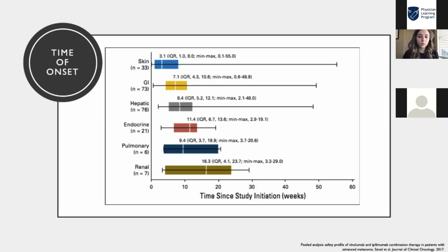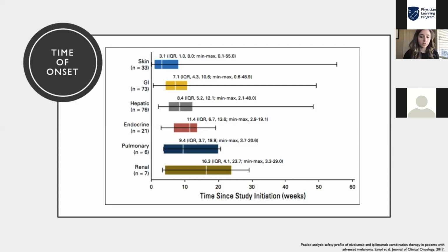So this was a pooled analysis that was published in 2017 from the Journal of Clinical Oncology that aimed to characterize the safety profile of regimens that included nivolumab and ipilimumab, and these were all patients who had melanoma. So they included 450 patients, 95% of which experienced adverse events related to their therapy, and 55% of those experienced high-grade adverse events, so either grade 3 or grade 4.